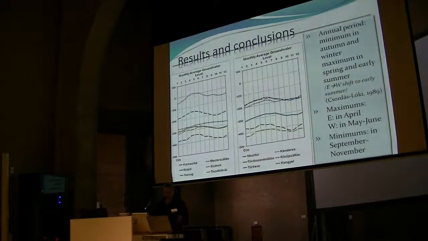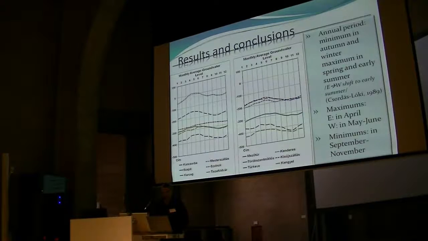And more results, we can see what the situation is on this area during the analyzed period. Of course, we can explore the annual period of the groundwater level. The minimum values appear during the autumn and the early winter, as you can see on the figure.